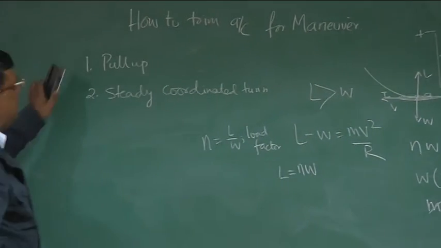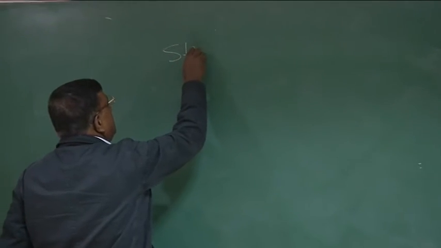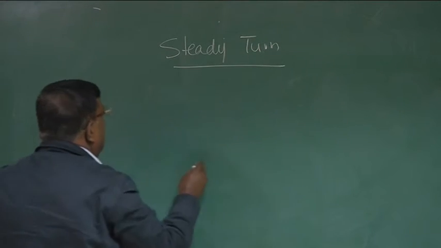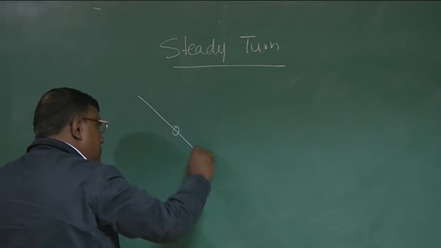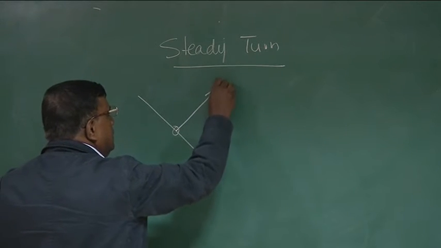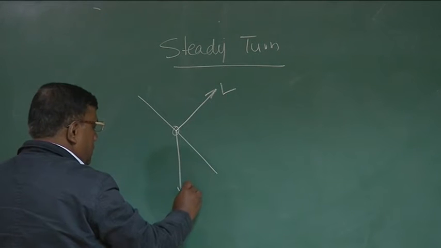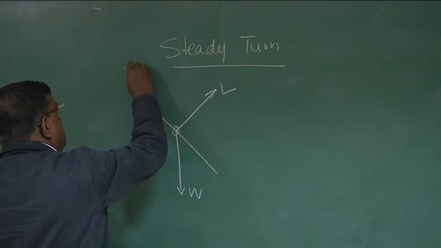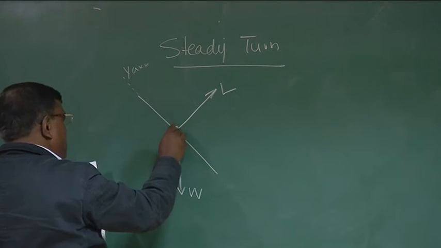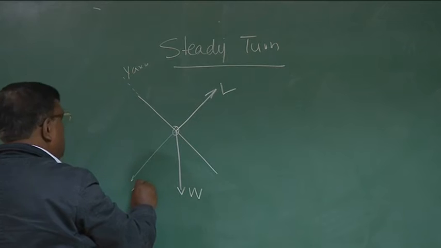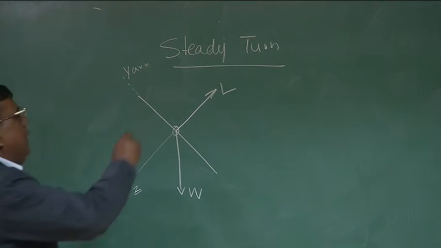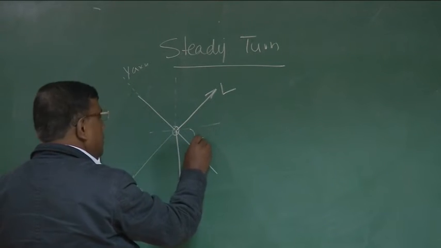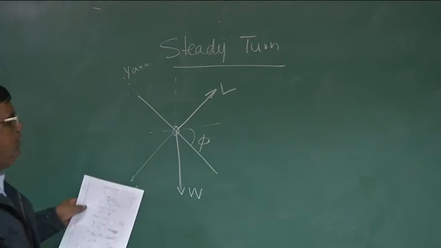Similarly, if I come to steady coordinated turn, this is lift, this is W, and this is your y-axis, this is your z-axis. Y, Z are body fixed axes, so if the airplane has banked by phi, the body fixed axes are also tilted by this.